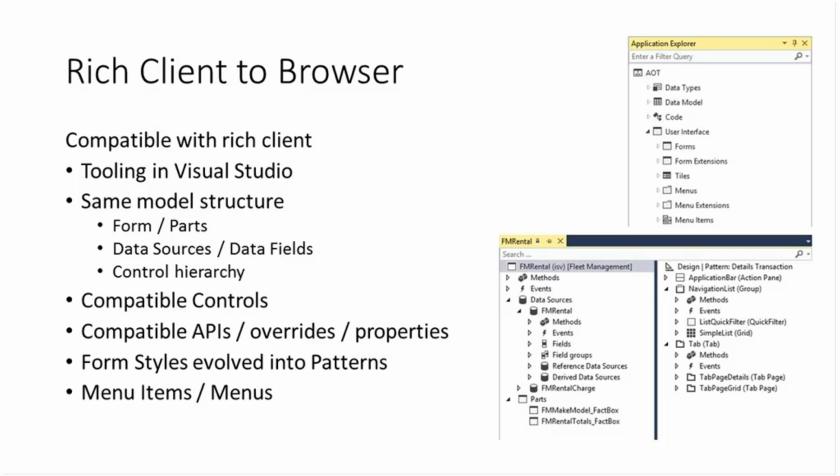We provided compatible controls. We had to take and rewrite all of the controls that we had because they were based on Win32, WPF, or WinForms, and so we ended up recreating them as HTML, CSS, and JavaScript. Now, normal developers do not need to know the web technologies to use this because the platform isolates them, and this was part of our compatibility.